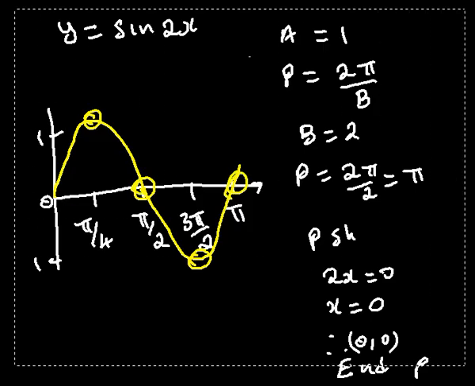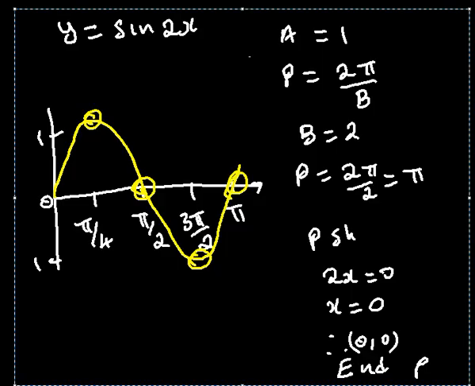And what if, let's say, we have this kind of function: y is equal to negative sine x. How do you think we should sketch the graph of that function? Since we have a negative coefficient, the graph will be reflected. For that case, what is the amplitude? The amplitude is positive 1.